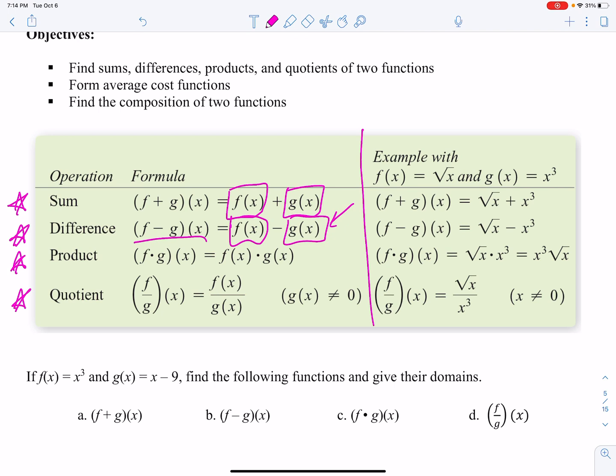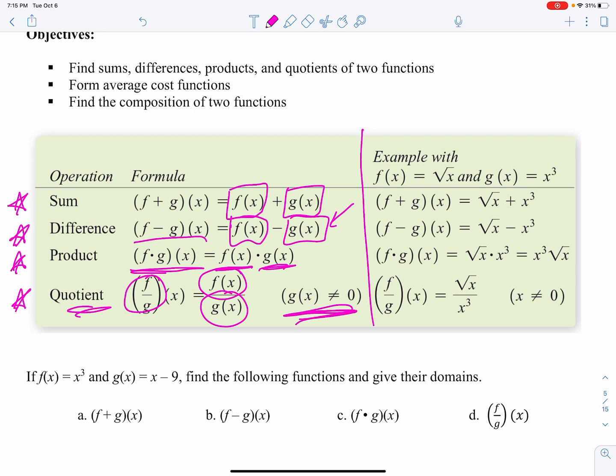All right, next one is product. Product means multiplication. So f times g of x simply means multiply f of x times g of x. Nice and easy. Quotient means division, right? So f divided by g of x means we take f of x and divide by g of x, but we have to make sure we're careful, right?